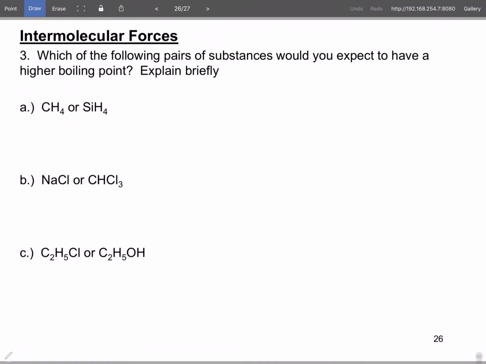Okay? So then we go back on to the last problem here, which is the intermolecular forces associated with the boiling point. All right, so as you increase intermolecular forces, you're going to increase boiling point.